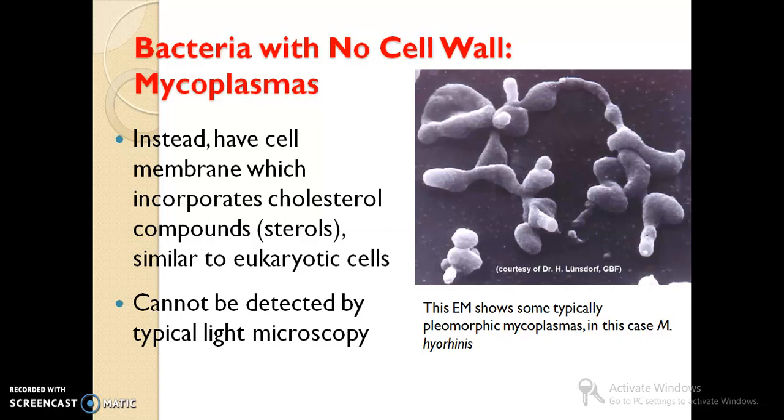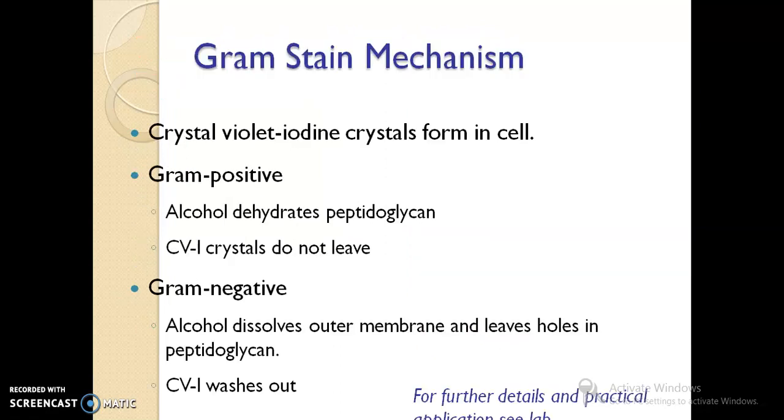Now this is the basic introduction to the cell wall, flagella of bacteria and the capsule. Then what exactly do we do when we perform gram staining? There are four basic steps involved in the gram staining mechanism, where we use crystal violet and iodine solutions. Gram-positive cells are dehydrated by alcohol, which dehydrates the peptidoglycan, and the crystal violet iodine crystals do not leave the cell and remain as they are, in violet color.